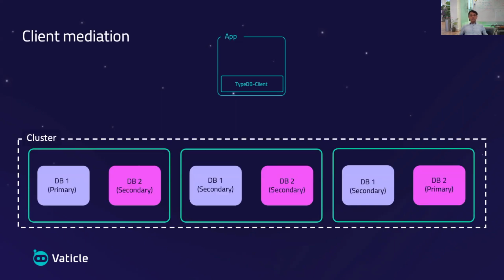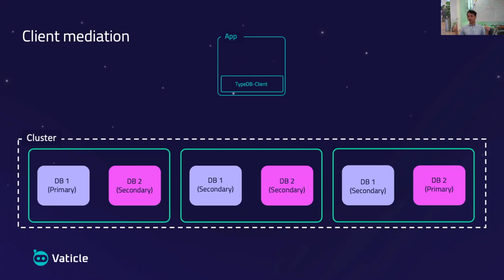We call this step the client mediation step. I'm making the diagram a little bigger here. We have the application, and we still have the same cluster as before, a 3-node cluster with DB1 and DB2, right? But we're zooming into the application, which contains the TypeDB client.